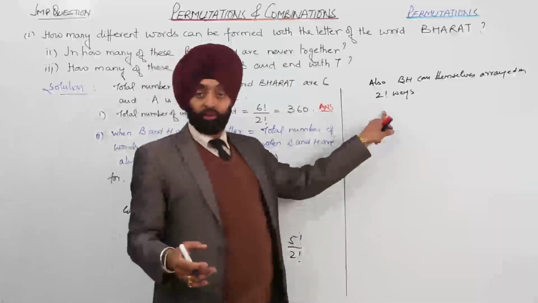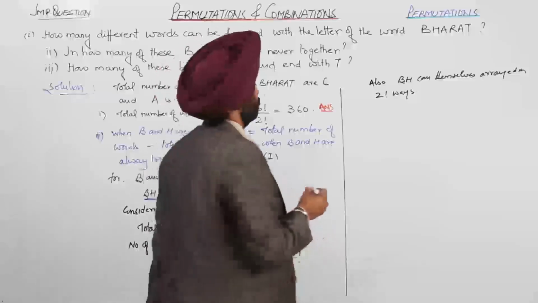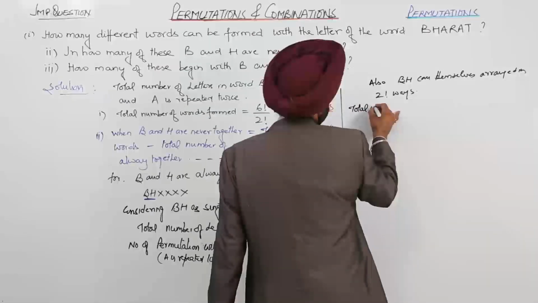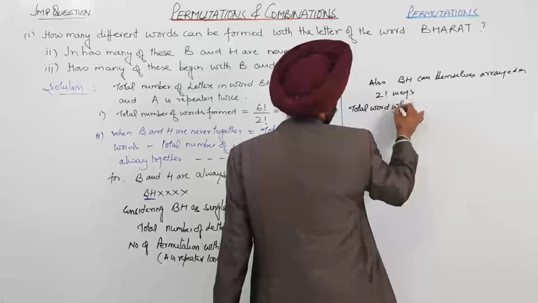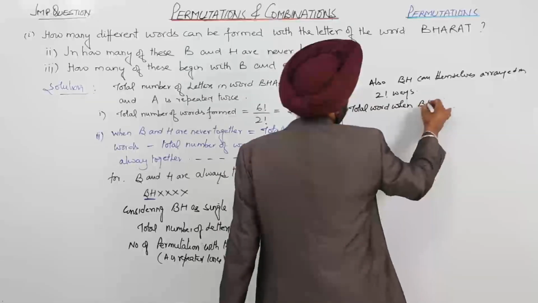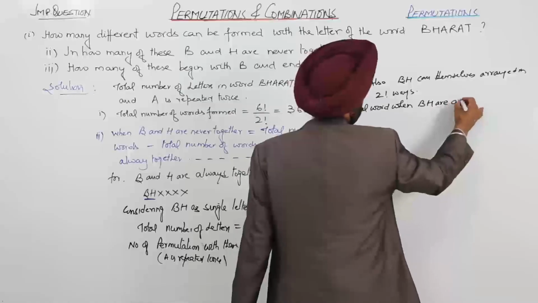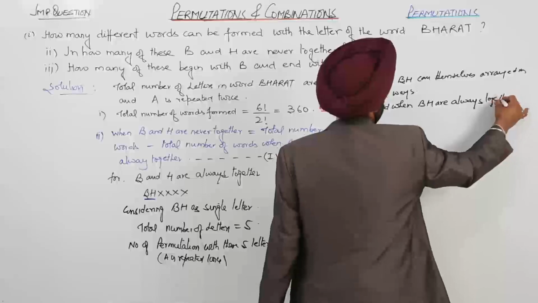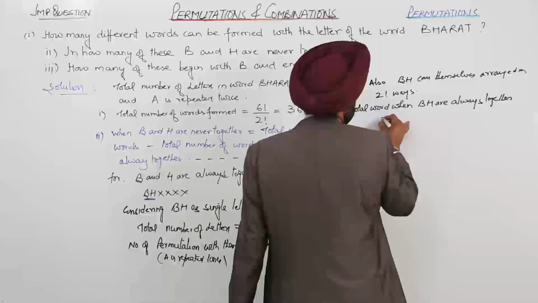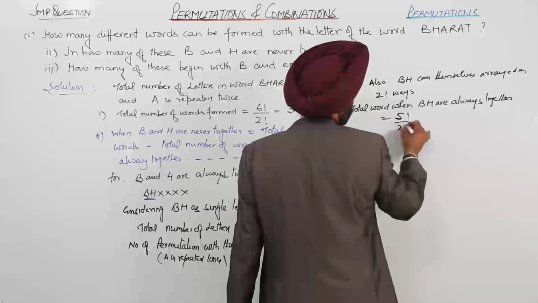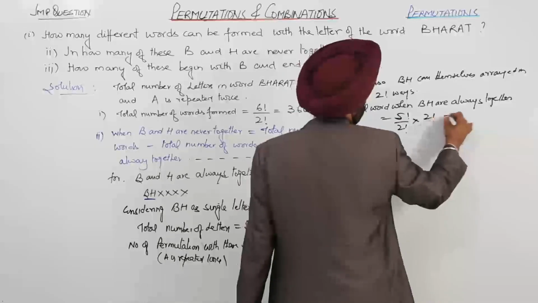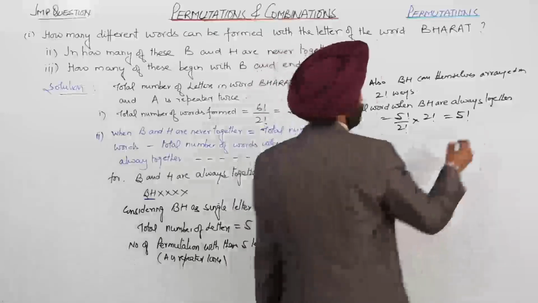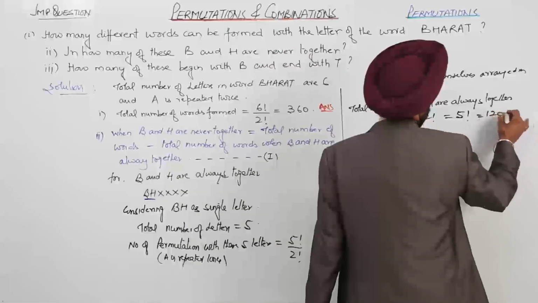That is 2 factorial. Okay. So now total words when BH are always together is equal to 5 factorial divided by 2 factorial times 2 factorial, which is equal to 5 factorial, and 5 factorial is 120.